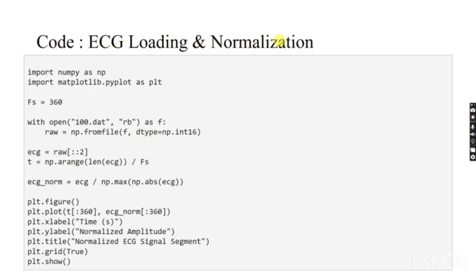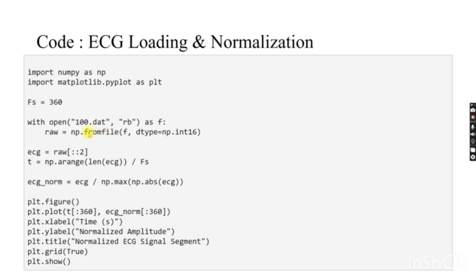ECG loading and normalization. This code shows how we loaded and normalized the ECG signals. Fs represents the sampling frequency of the signal. This opens the ECG data file, and this line reads all data from the file into the array.